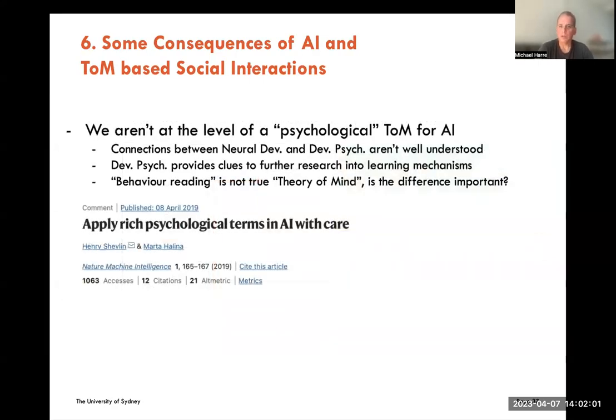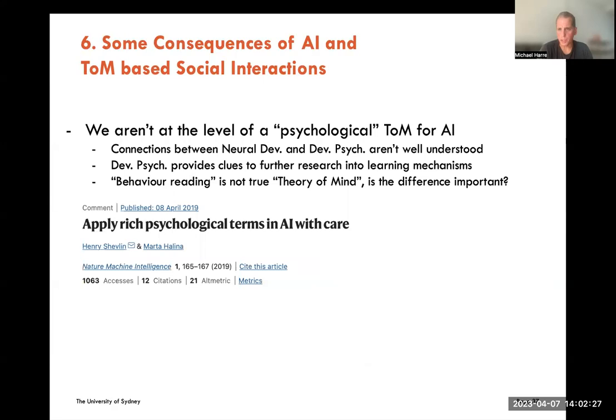But of course, we aren't at the level of psychological theory of mind for AI yet. So connections between neural development and psychology, we simply don't understand these well enough yet to have a true, deep understanding of the psychology of AI. And so, in an article written in 2019, Shevlin and Halina talk specifically about how we use psychological terms in artificial intelligence, and we should be careful of using these terms.